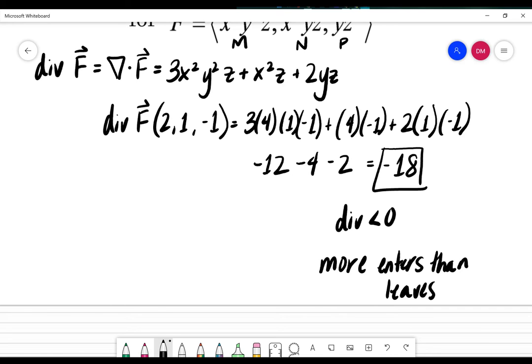Or if you want to put it simply, this would be a drain. Okay, and that's the idea of divergence. So again, just keep in mind, we are using that del dot operator. We want a scalar. We want to find if it's greater than, less than, or equal to 0.